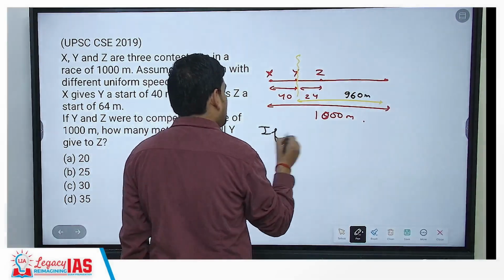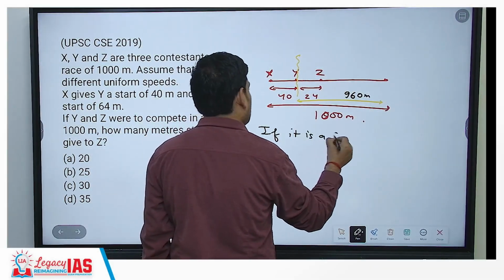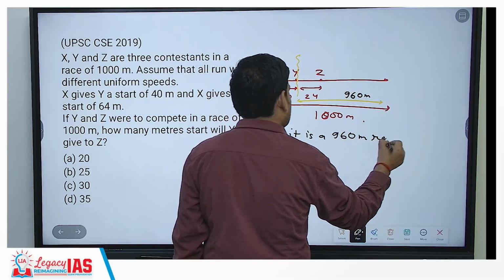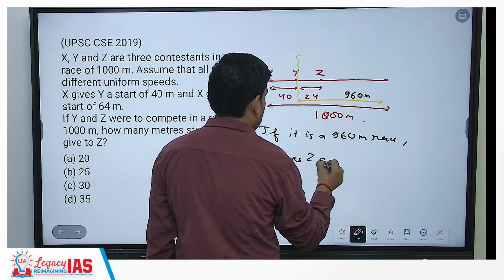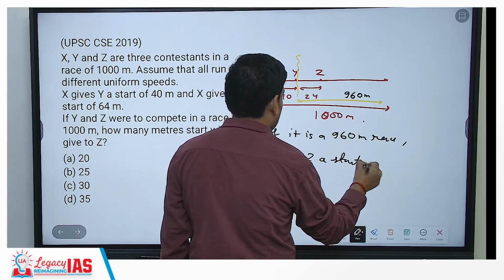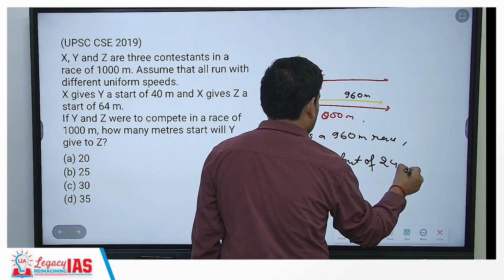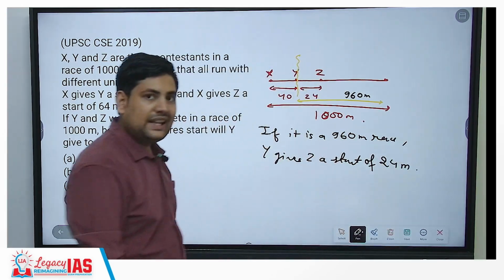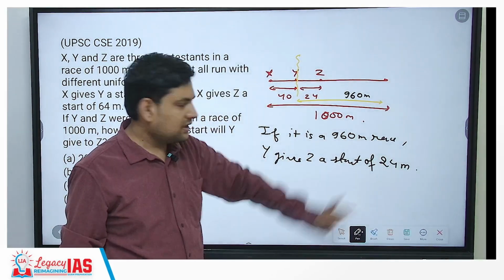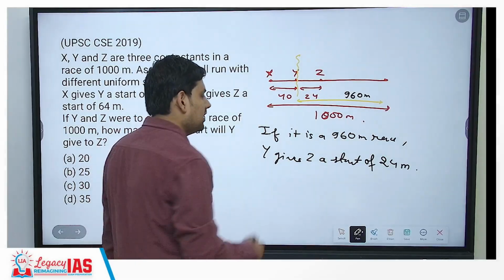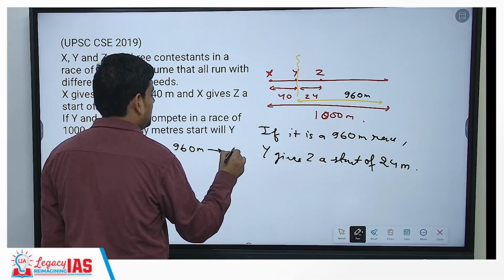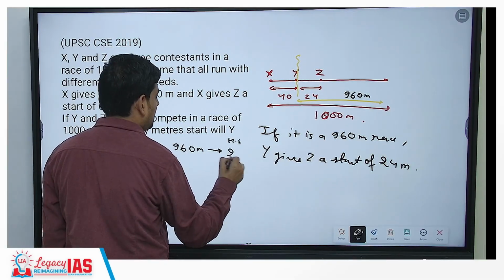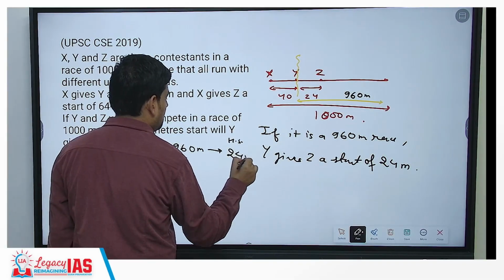So I write: in a 960-meter race, Y gives Z a start of 24 meters. In 960 meters, the head start given is 24 meters.